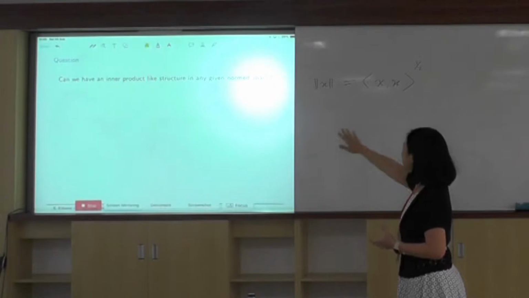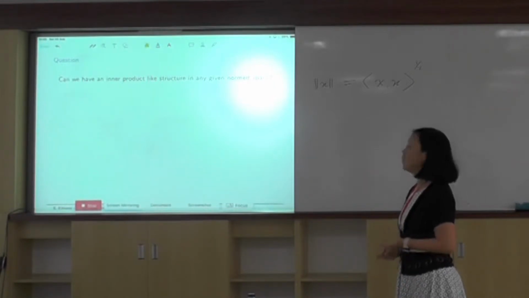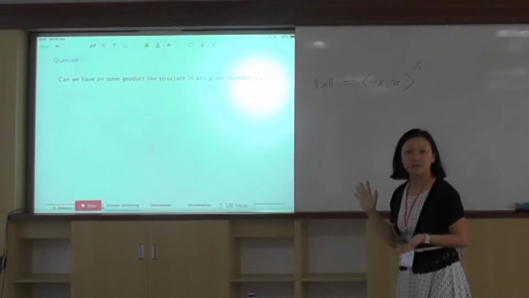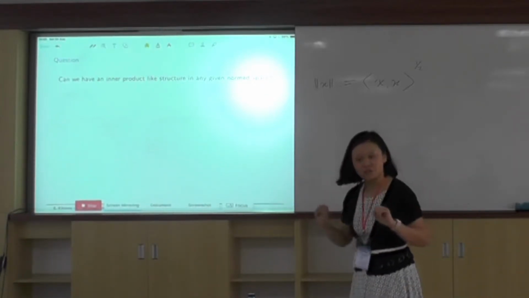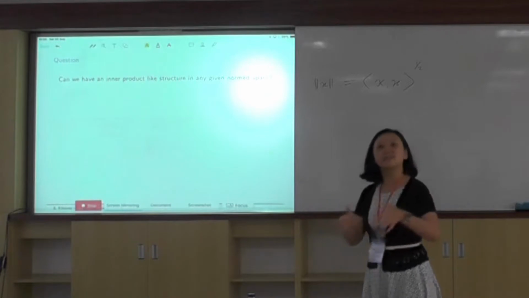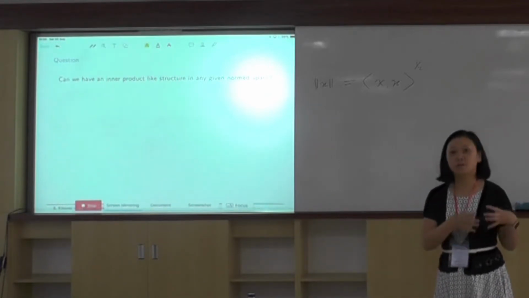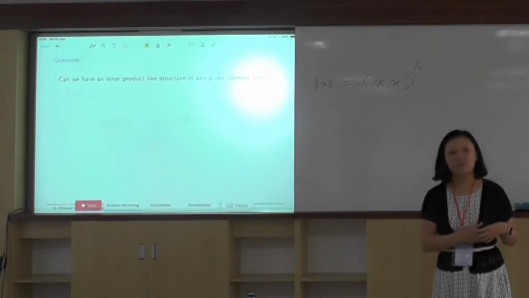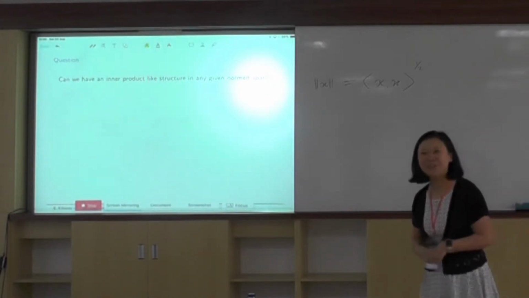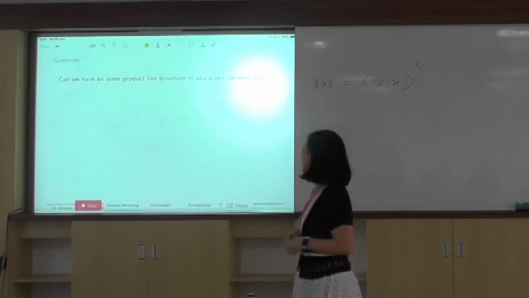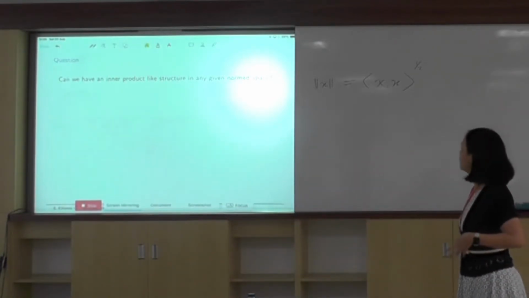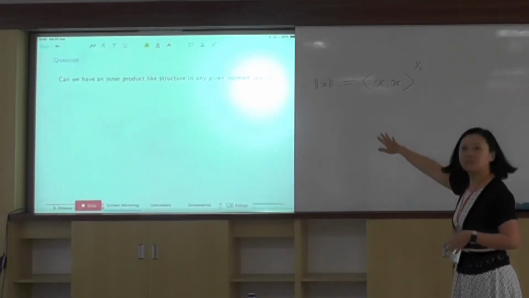So the answer to this question is, well, yes we can, but this inner product-like structure doesn't behave so nicely. In fact, the nicer the geometry of the normed space, and I'm thankful that Professor Kato spoke before me, so he already introduced most of the geometrical properties, the nicer the structures.